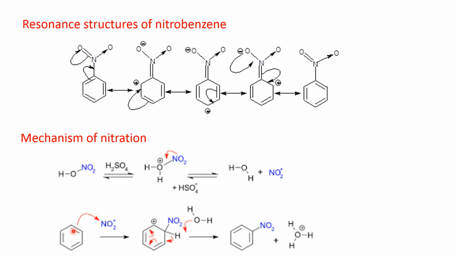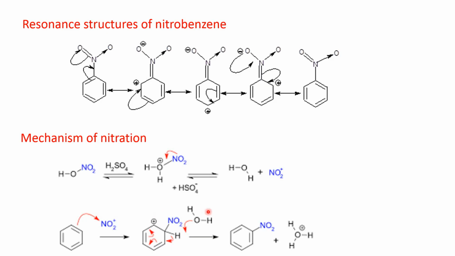Now this is the electrophile. From this benzene ring, this pi bonded electron pair, through this carbon atom, is shifted to the NO2 group, and then this carbon atom becomes positive. This carbon atom and this double bond are separated by a single bond, so resonance participation will occur. It will move here, then the positive charge will come here, then this pi bond will move here, then the positive charge will come here, like that.